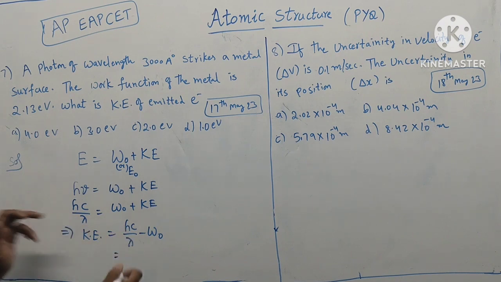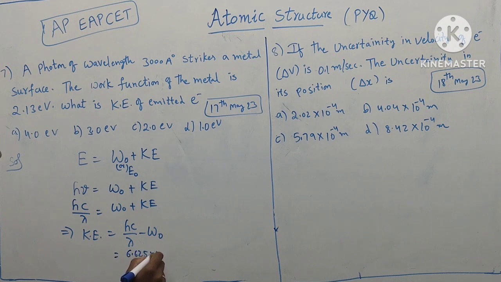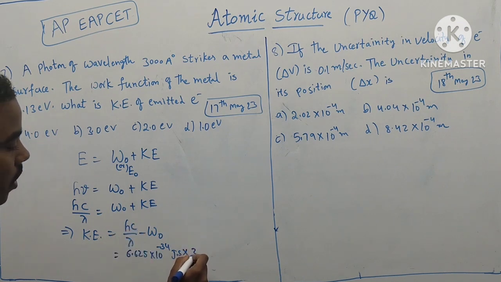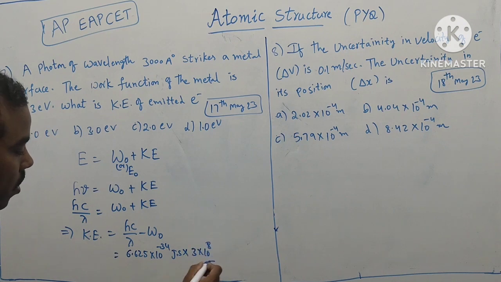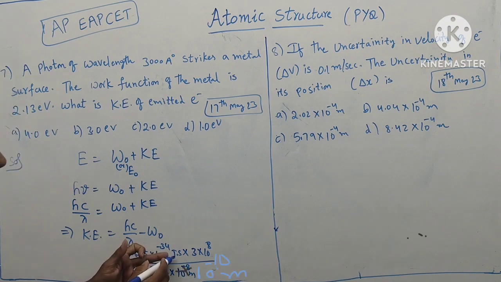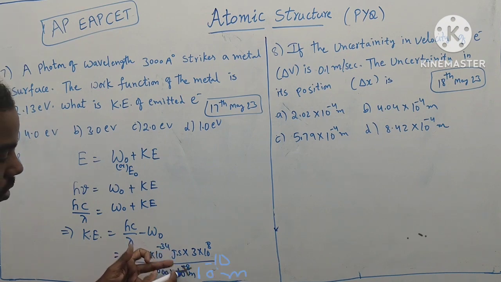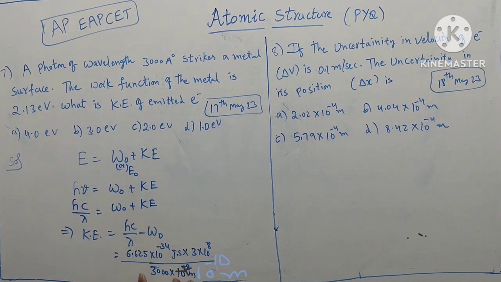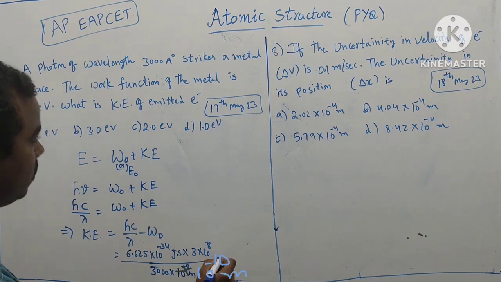So that is equal to h, which is 6.625 into 10 to the power of minus 34 joule second, into c, the velocity of light, 3 into 10 power 8 meter per second, by the wavelength, which is 3000 angstroms. That means 3000 into 1 angstrom, which is 10 power minus 10 meters. Because we take joules, the velocity of light is taken in meters, minus the work function.